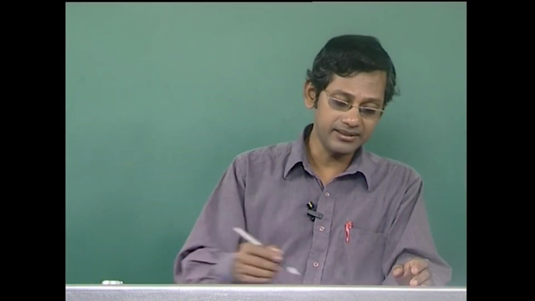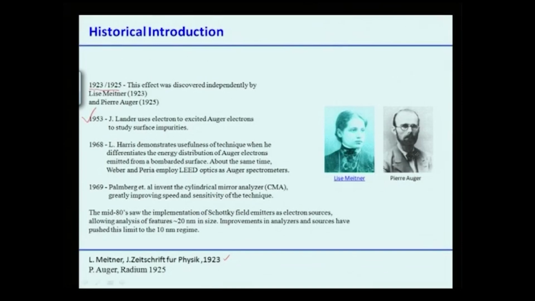Then in 1968, L. Harris demonstrated the usefulness of this technique when he differentiated the energy distribution of Auger electrons emitted from a bombarded surface. At the same time, Weber and Peria employed LEED optics as Auger spectrometers.